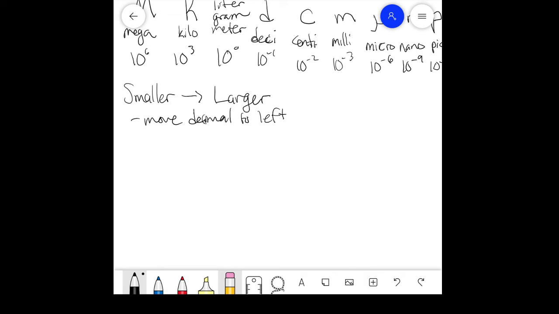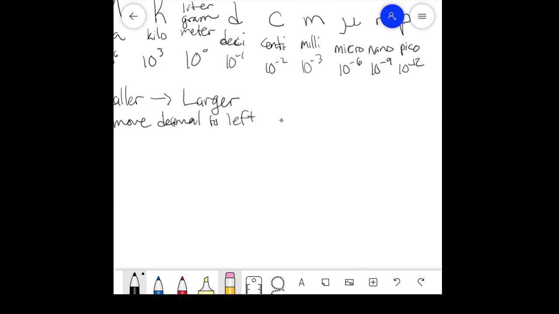So say you are going from 221.82 nanograms to decigrams.